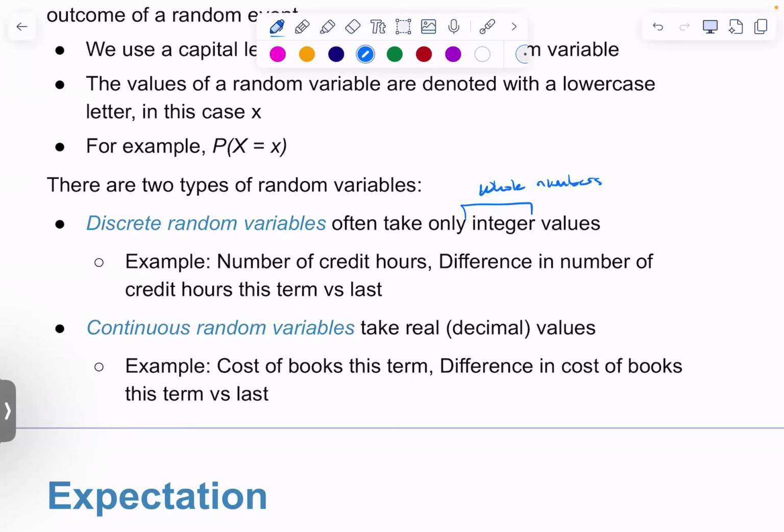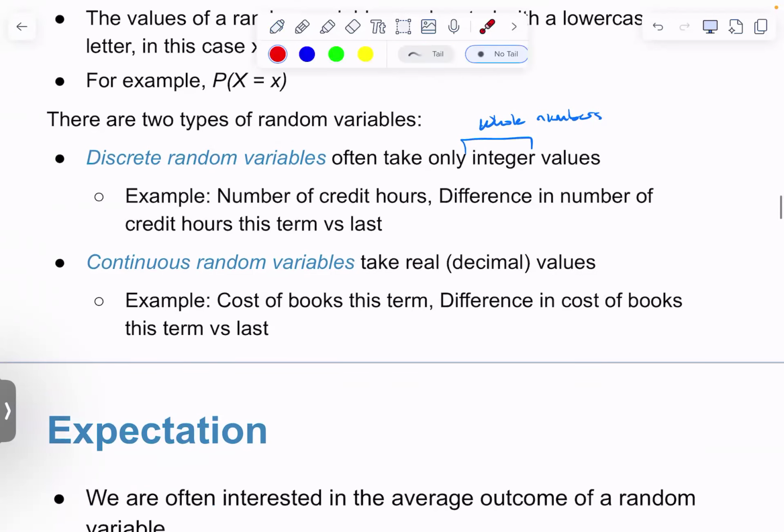And then a continuous random variable, which will sneak in at the end, because we're going to spend a lot of time on continuous random variables with the normal distribution in the next section. So we'll just introduce it today, hopefully, and then we'll work on it some more on Friday. Continuous random variables take decimal values, so real values.